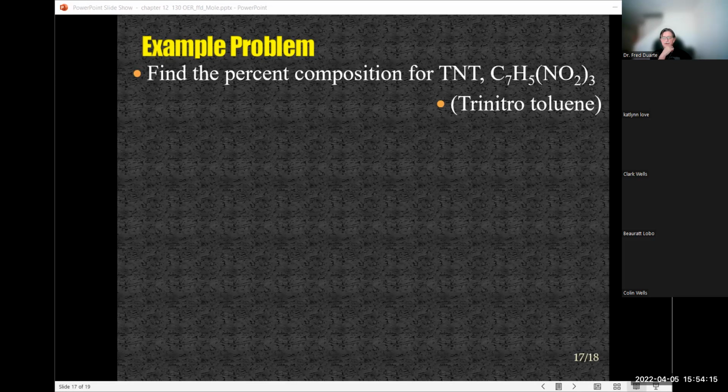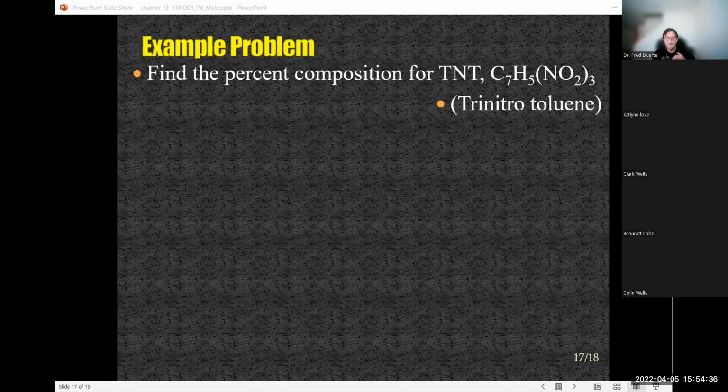This particular chemical was discovered by Nobel, aka the Nobel Prize, named after him. He was a chemist that discovered this very explosive material and just made millions with it.